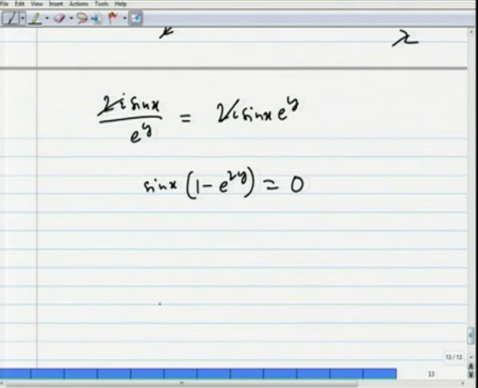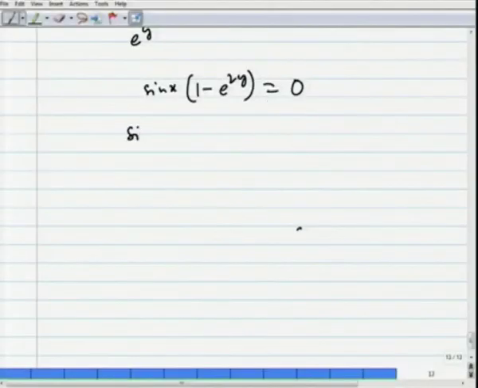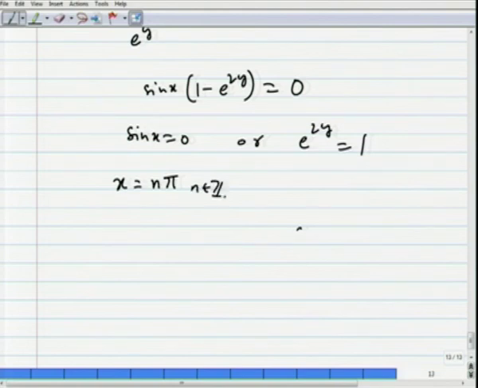Either sin x can be 0, so this product is 0 if sin x is 0, or if e power 2y is equal to 1. Sin x equal to 0 has the solution x equals n pi, where n is any integer. And then e power 2y is 1 implies 2y has to be 0, which implies y is 0, which is the real axis.